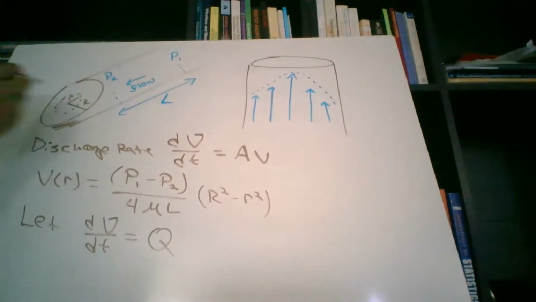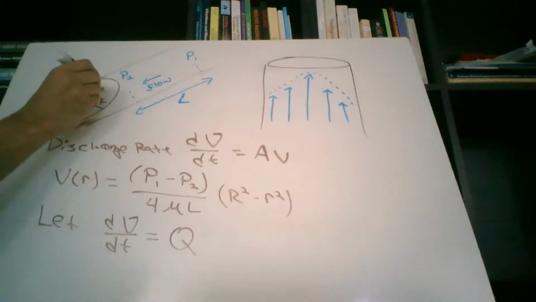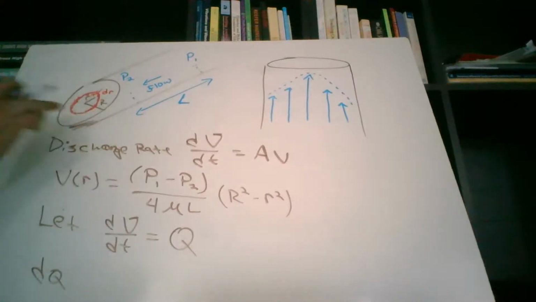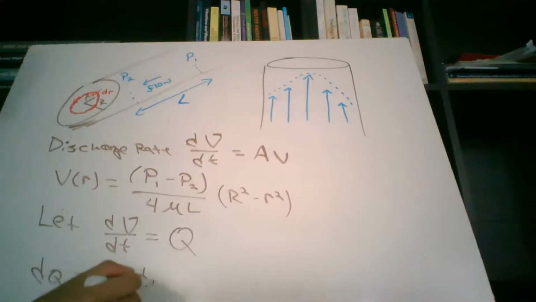So what I'm going to do is draw just a little bit of it in this ring right here. And this little tiny ring has a thickness, which we can define as d little r. So dQ, which is the amount of fluid in that ring, not the entire fluid that's coming out, but just a little bit of the fluid, can be given by the equation V dA.